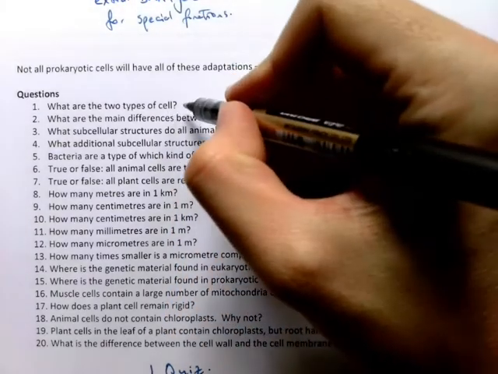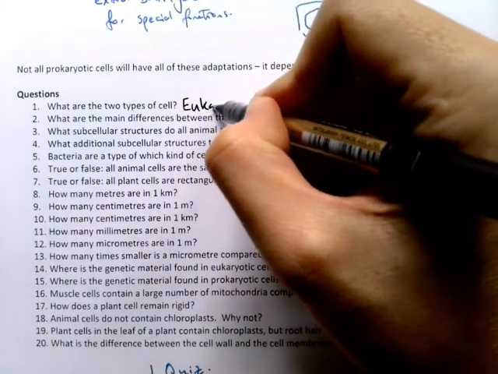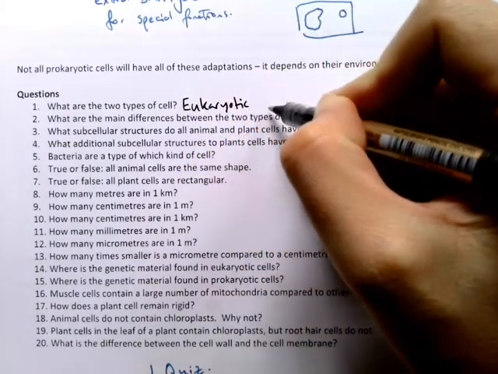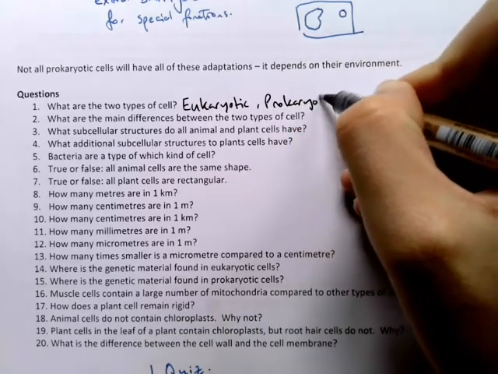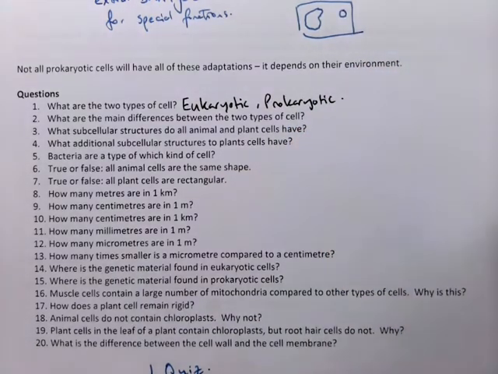What are the two types of cell? They are eukaryotic and prokaryotic. What are the main differences between the two types of cell?